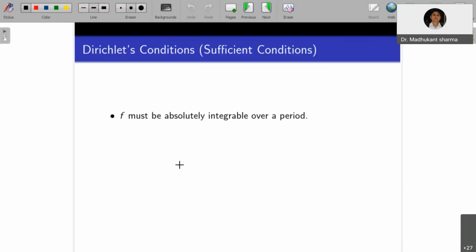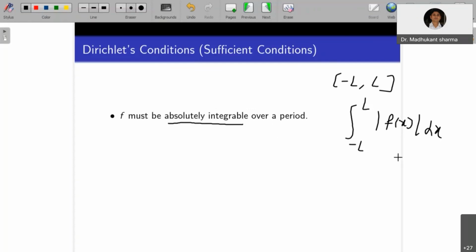So here are the Dirichlet conditions. First, f must be absolutely integrable over a period. You have heard of Riemann integrable, but you have not heard so far of absolutely integrable. What it means is, suppose the period is the interval minus L to capital L, and f is defined on this domain. Then absolutely integrable means the integral from minus L to L of the modulus of f of x dx is finite.